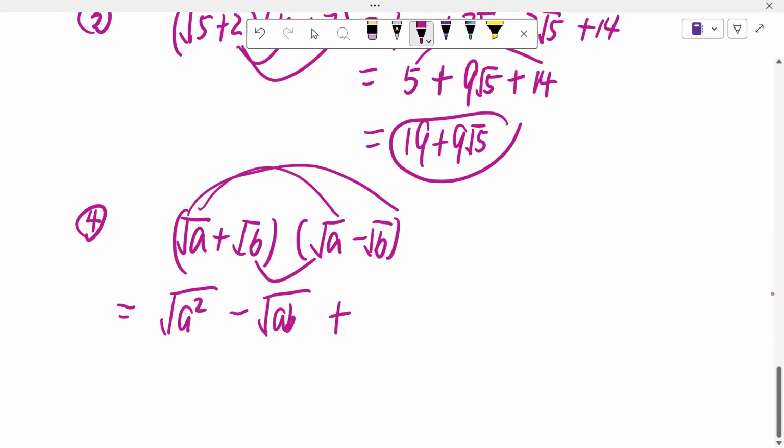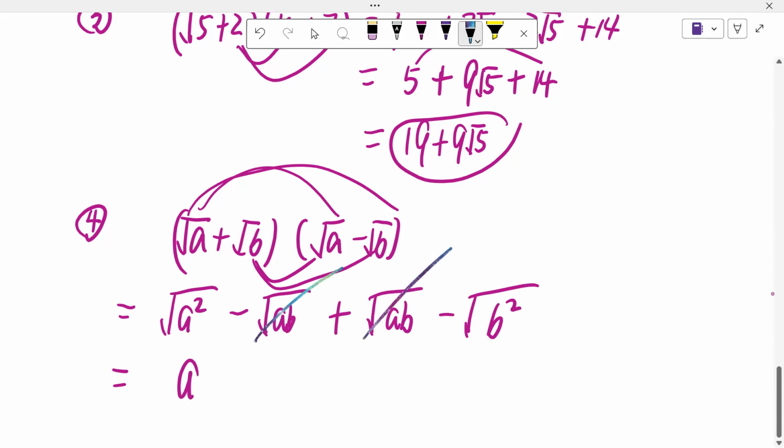Now we multiply radical B and radical A, both positive, and get radical AB positive. Now radical B times negative radical B, it's minus radical B squared. After that, simplify: radical A squared is A, middle two terms cancel each other, opposite terms cancel. Minus radical B squared, that's B. So the answer is A minus B.